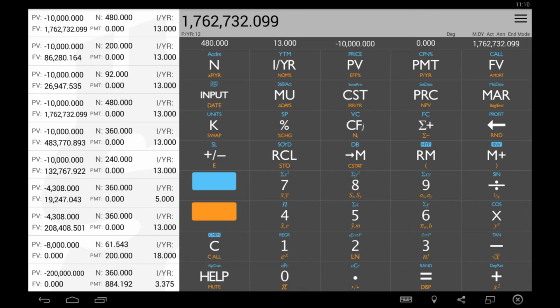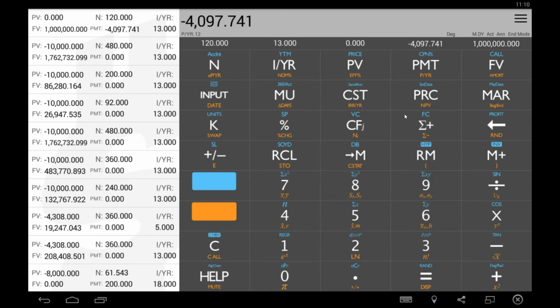Let's look at the monthly contribution requirement to reach $1 million by retirement at age 50. So we only have 10 years, 120 months. We want $1 million. So we want to find out, let's say we have nothing invested right now, how much would you need to put in every month to get $1 million in 10 years at a 13% rate?